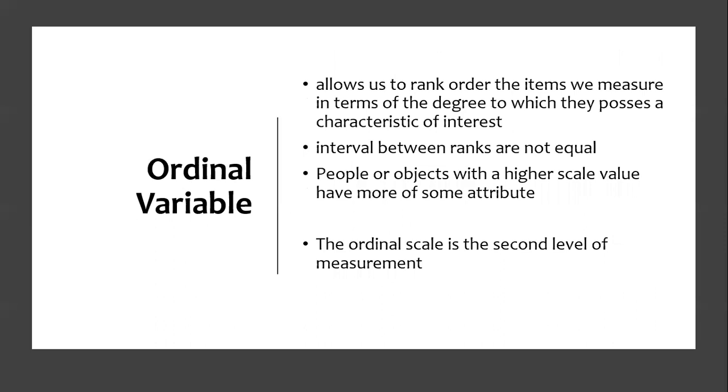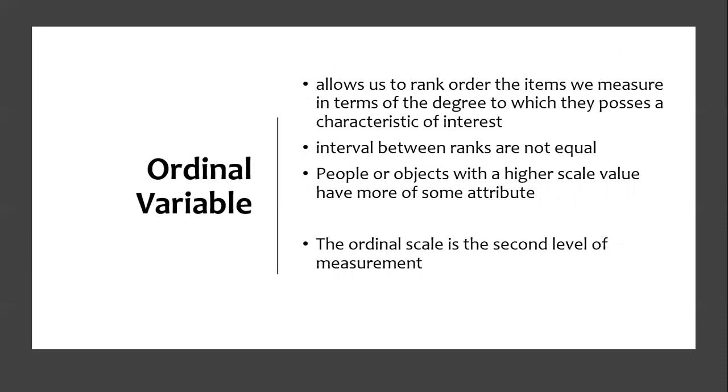The next one is the ordinal variable. With an ordinal variable, we are able to rank. So it allows us to rank the items we measure. The intervals between these ranks are not actually equal.